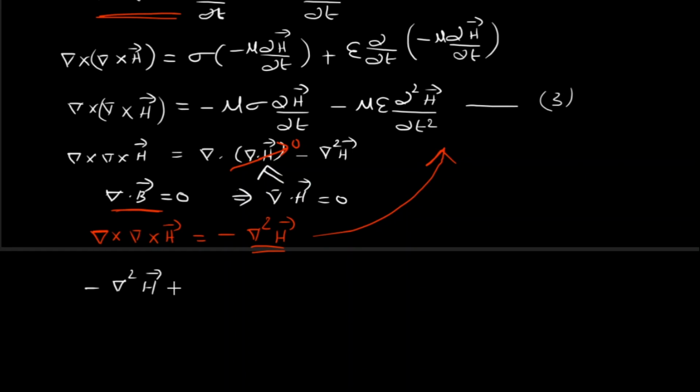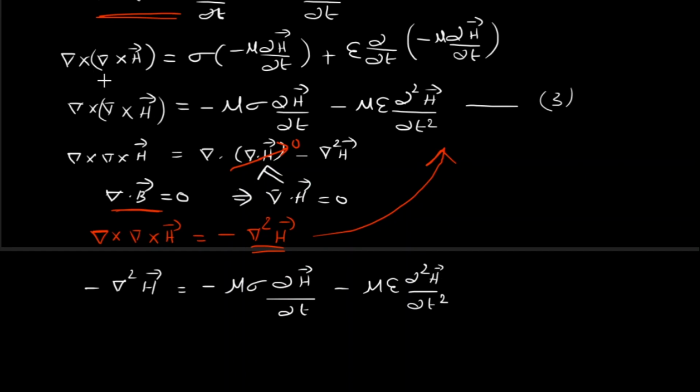So I get minus del square H equal to minus mu sigma del H by del t minus mu epsilon del square H by del t square.